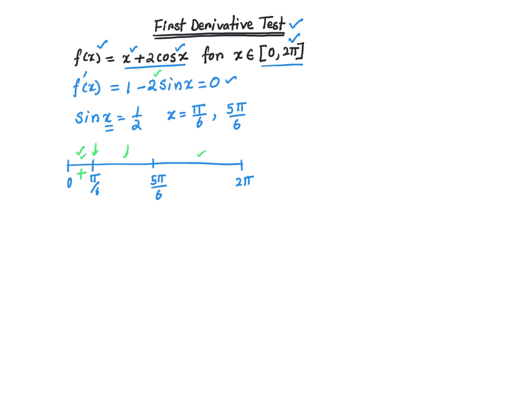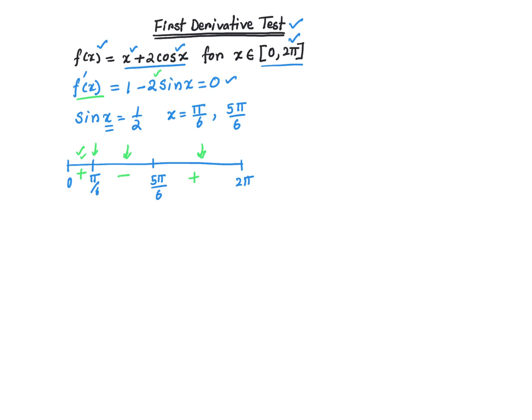If you pick a number in the interval from pi over 6 to 5 pi over 6, you'll notice that the sign of the derivative, f prime of x, is negative. That means all the numbers in this interval give negative. Then you can pick another number in the last interval and you will see it's positive. So it goes positive, negative, and positive.